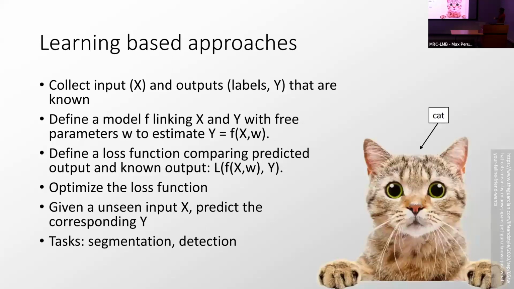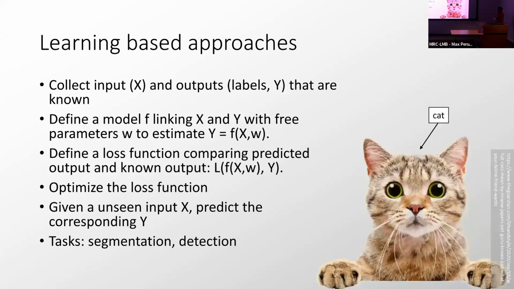And then we define a loss function, which we will try to minimize, which makes a link between our prediction here and the actual labels which are known. And then the next time you see X, you will be able to use the W you have estimated, or the parameters, to predict a correct Y.